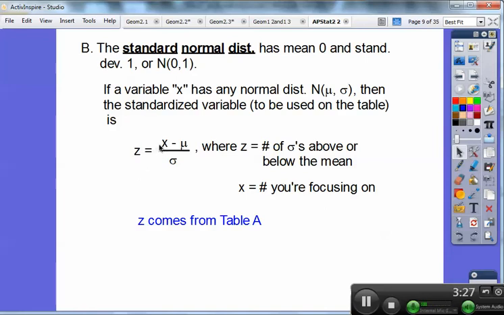We do x, the number we're focusing on, minus mu, divided by the standard deviation, where z is the number of standard deviations above or below the mean. This will seem vague until we get further in. And x is the number you're focusing on, so z comes from Table A.